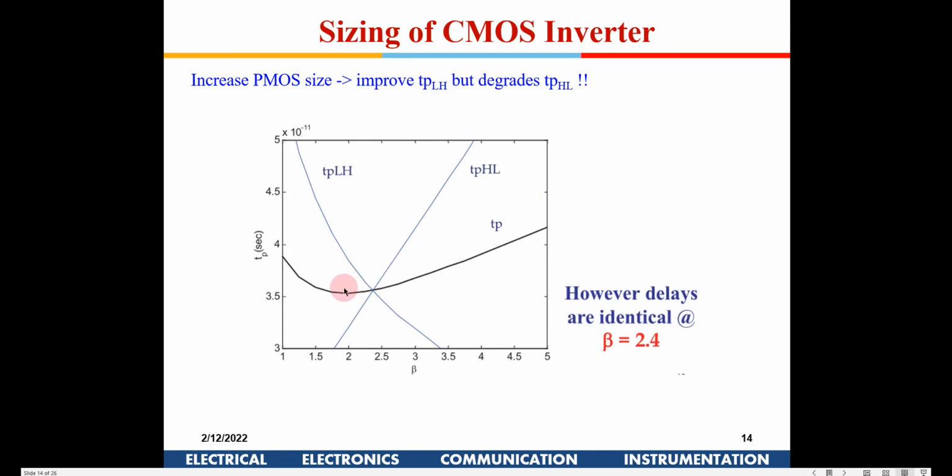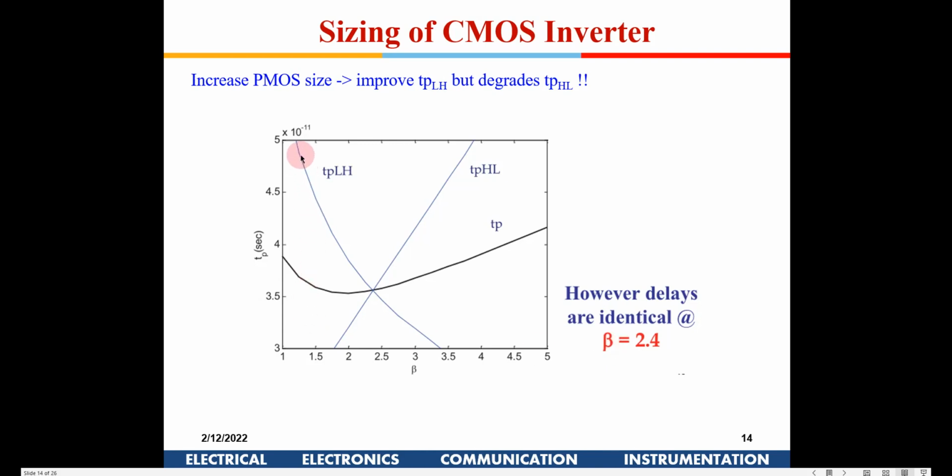Now if you see here, this is a straightforward curve where beta is Wp by Wn, with L being the same for both the PMOS and the NMOS.